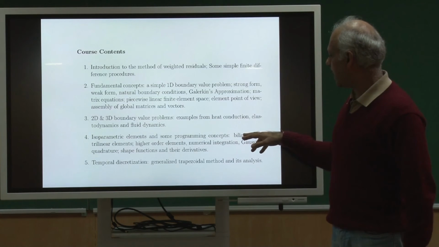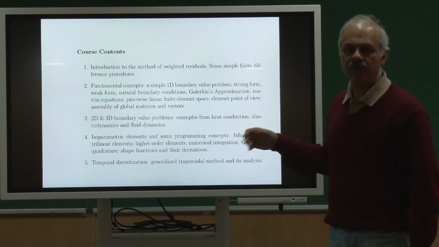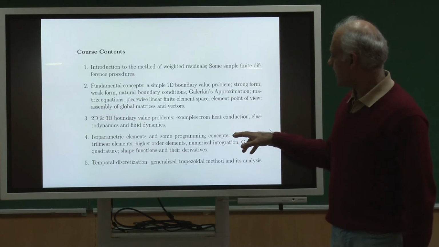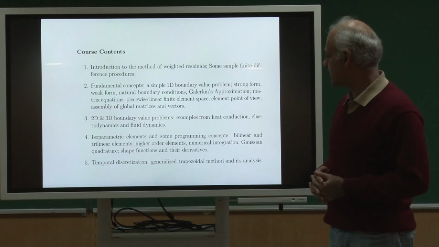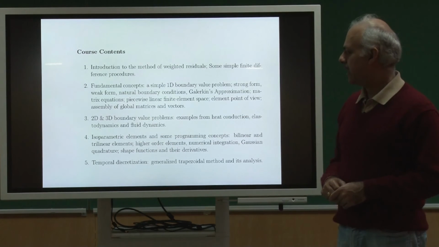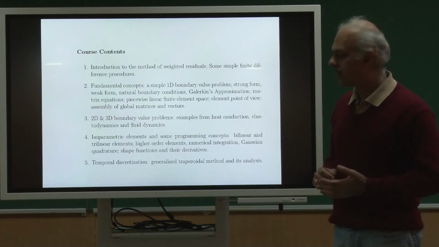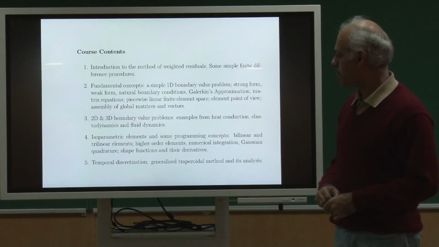This will bring us to the idea of, in 2 and 3 dimensions, generalization of linear elements. So, linear in 1 dimension would become bilinear in 2 dimensions, and it would become trilinear in 3 dimensions. And suppose I want to go to even higher order approximations, we will look at that aspect also.